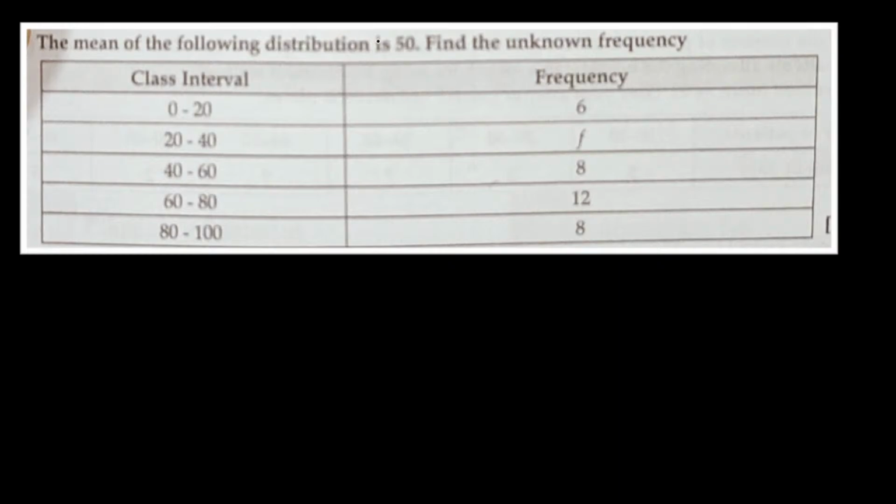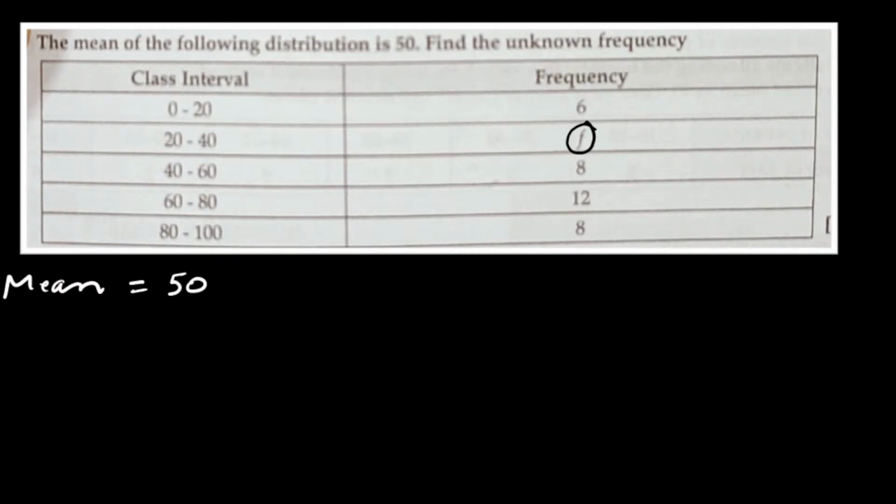So the mean of the following distribution is 50. Find the unknown frequency. So mean is given to us. Let's write the given things. Mean's value is 50. We have to find the value of this unknown frequency, here you can see f. So this value of f we have to find.